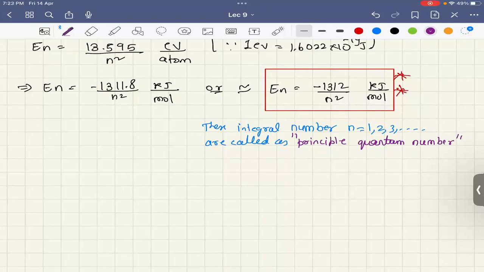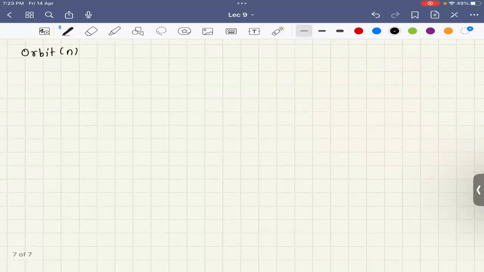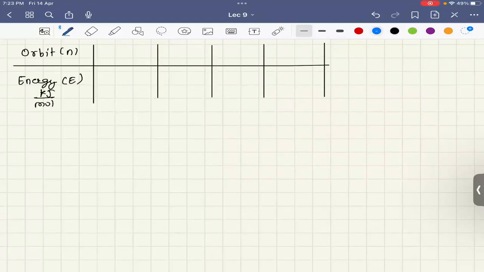Right, and let us draw the diagram. When we put n equal to 1, n equal to 2, and n equal to 3, we get E1, E2, E3, right? So let me just plot it. Let's say here we have the n value, and here we have energy in kilojoule per mole. This is n equal to 1, 2, 3, 4, and the expression is minus 1311.8 divided by n square kilojoule per mole.